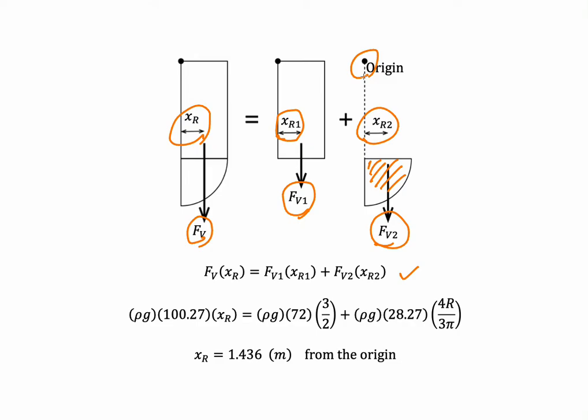We substitute the values, and the only unknown parameter is the value of x_R. We could calculate x_R is equal to 1.436 meters from the origin. Please bear in mind that the origin needs to be the same point for all the diagrams here.